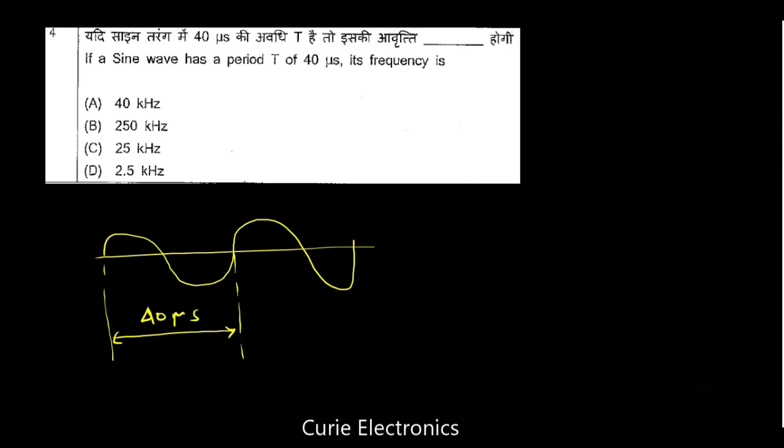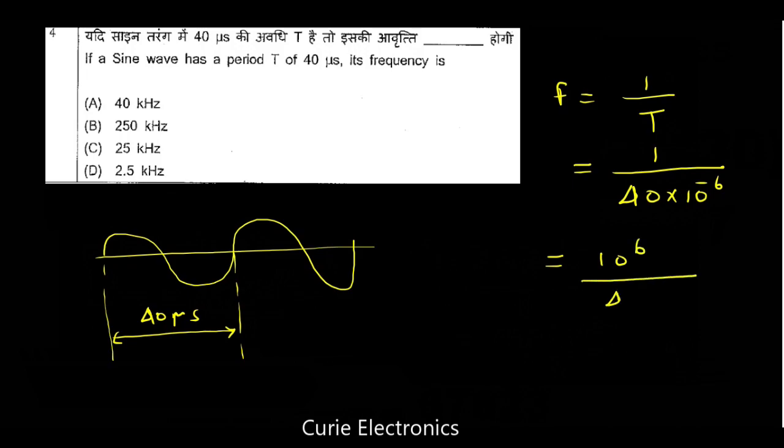Frequency F equals 1 upon T, which equals 1 upon 40 multiplied by 10 to the power minus 6 second. So 10 to the power minus 6 goes up, and it becomes 10 to the power 6 upon 40.